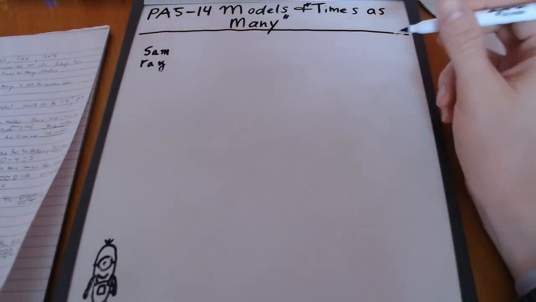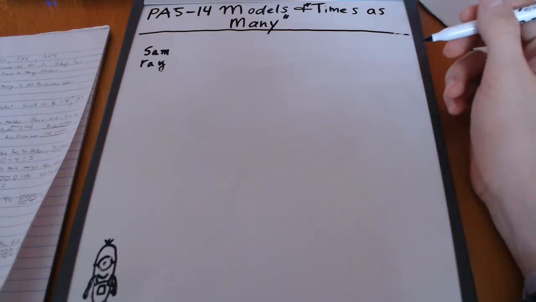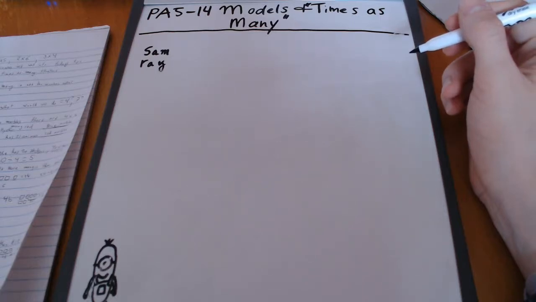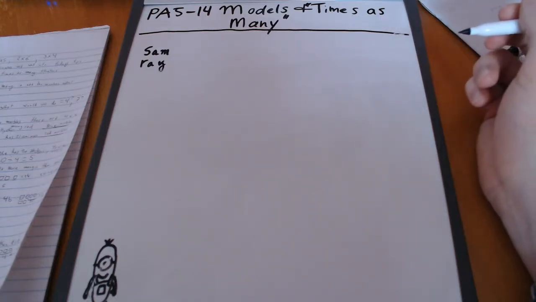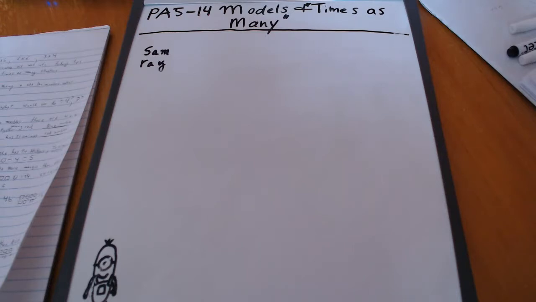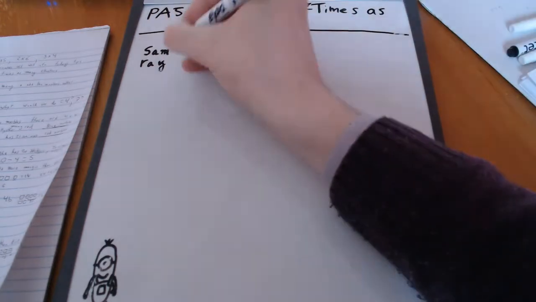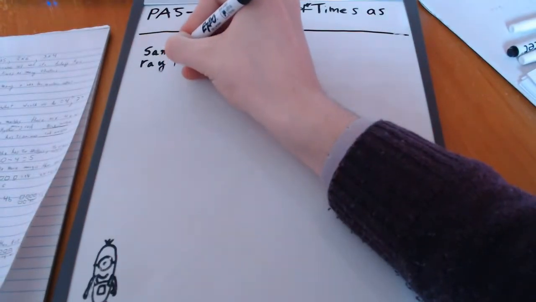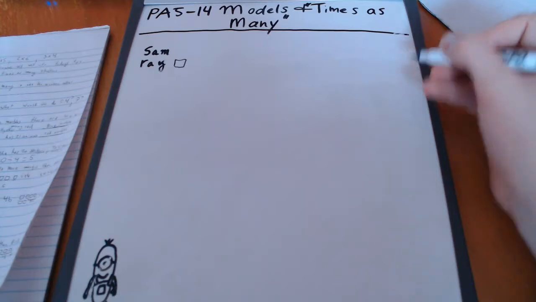So anyways, what we're going to say is that, let's say that Sam has 4 times as many cards as Ray. So what would be 1 times? If someone has 1 times something, it's just 1. So we would just say, we don't know how many this times is yet. We'll get to that. But it would just be 1 box. And if we had 4 times as many boxes, what would that be?